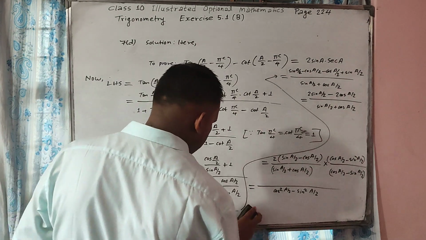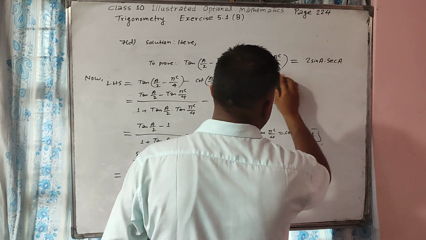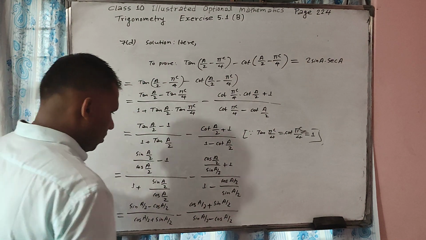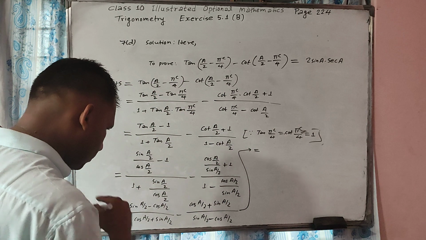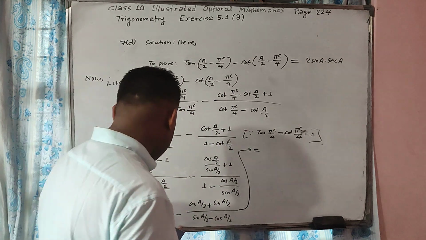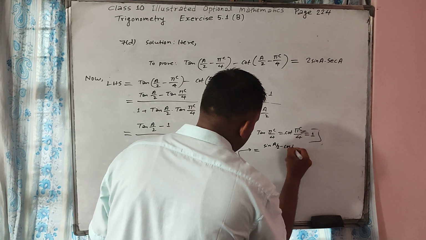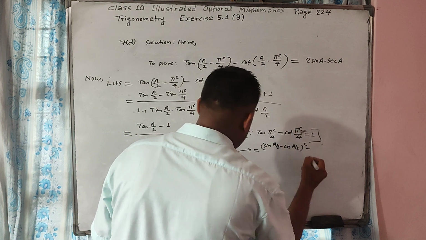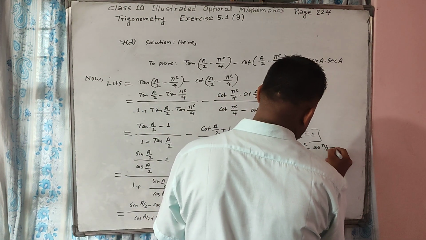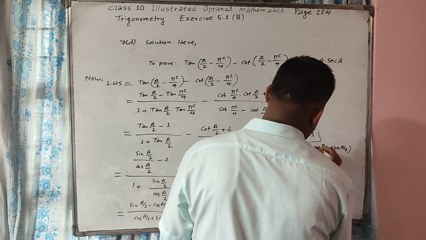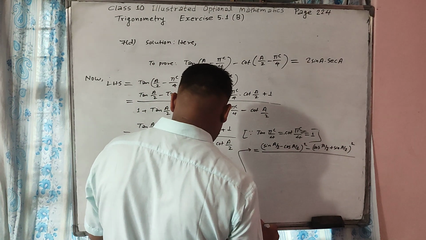Now it becomes, taking LCM, sin a by 2 minus cos a by 2 whole square minus cos a by 2 plus sin a by 2 whole square, 1 upon cos a by 2.